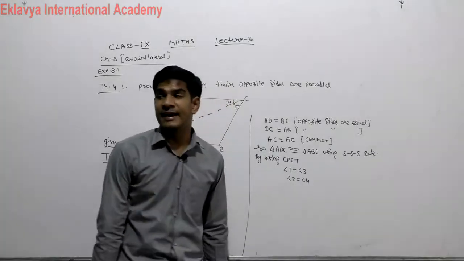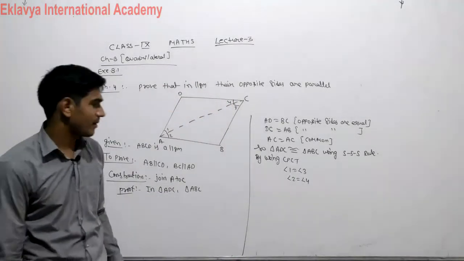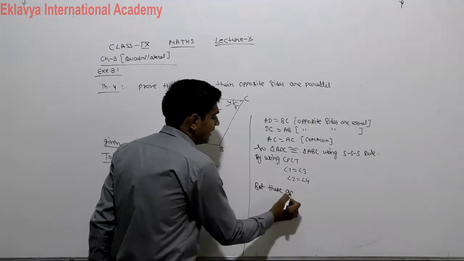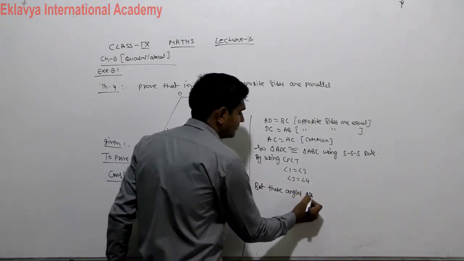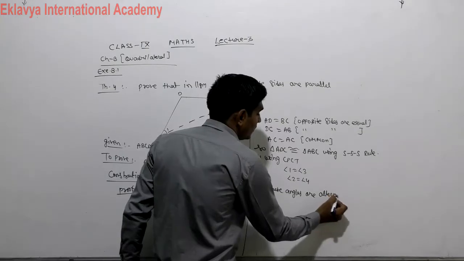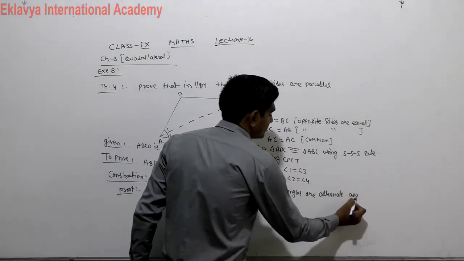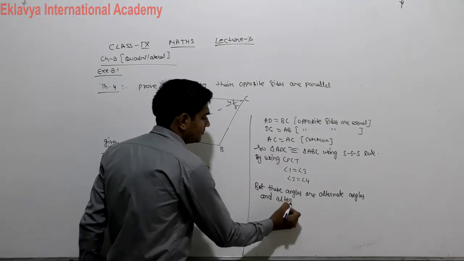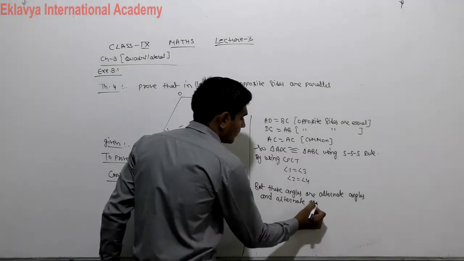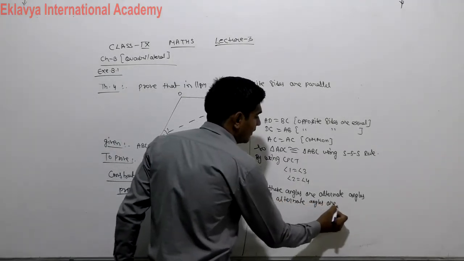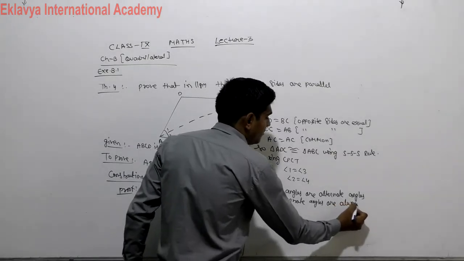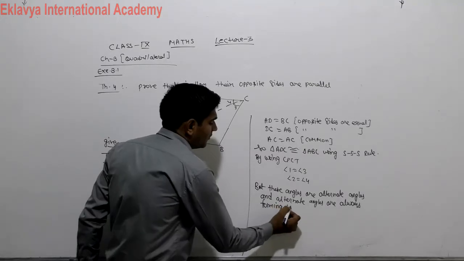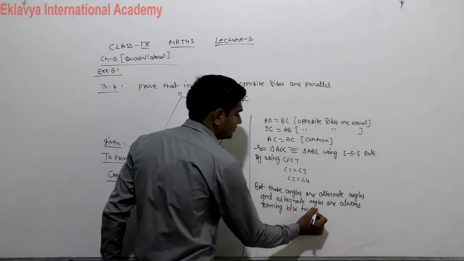But are these angles alternate angles or not? These angles are alternate angles, and alternate angles are always formed between two parallel lines.